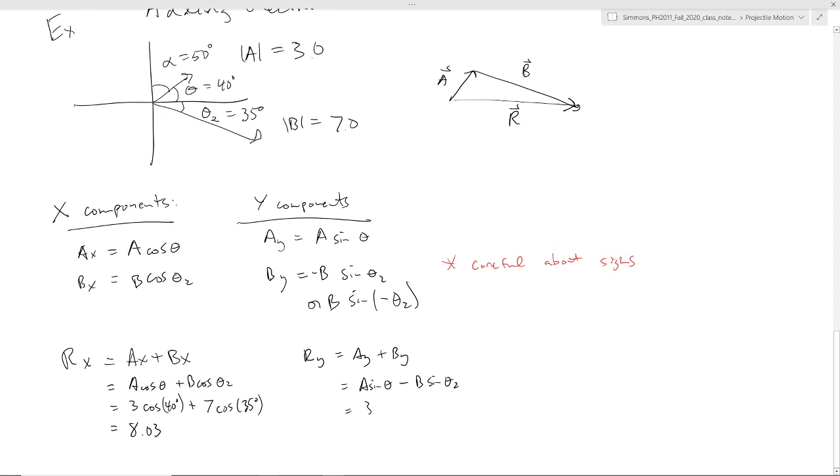Put in our numbers. We get negative 2.09. And then if we want to find the total magnitude of this, we would use our Pythagorean theorem.